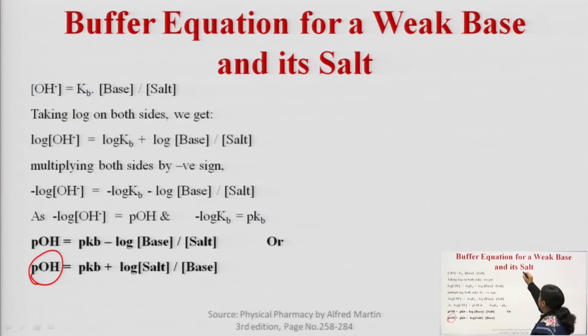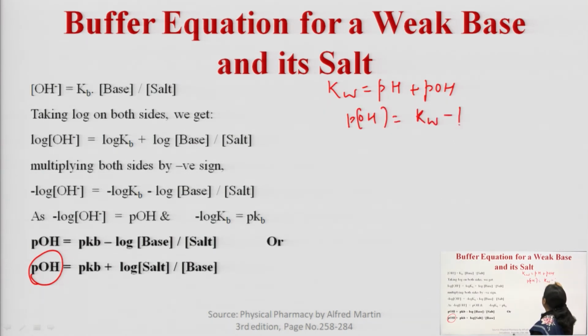We have to calculate in terms of pH. So, you know pKw is equal to pH plus pOH, right. So, pOH can be written in terms of pKw minus pH, right. So, we can replace this value in this equation.